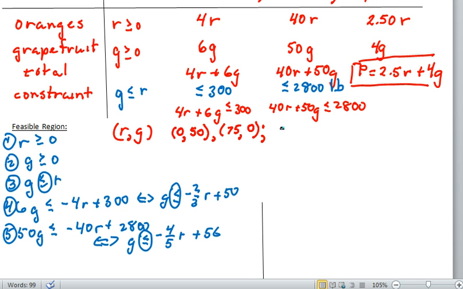And for the weight, when R is 0, G will be 56. And when G is 0, R will be 70. Take time to look at that if you need to.